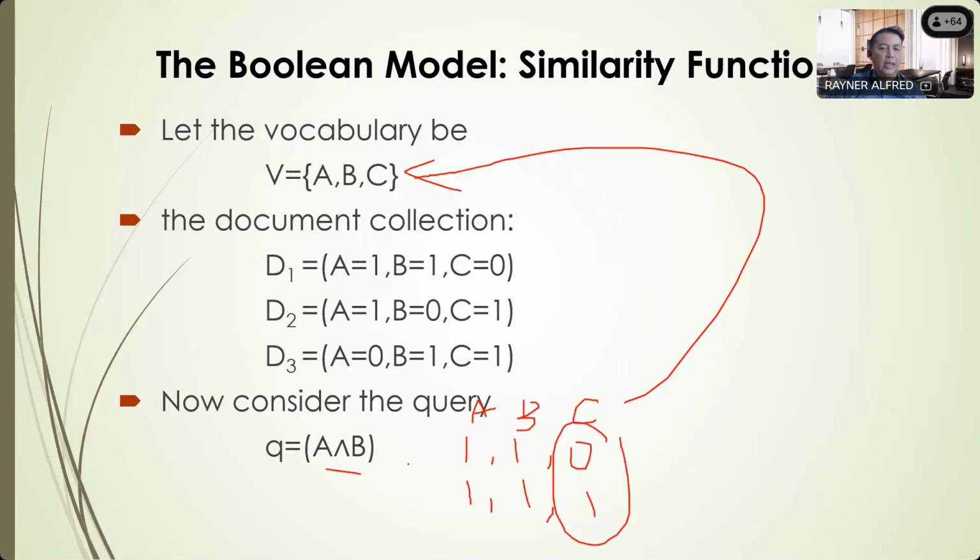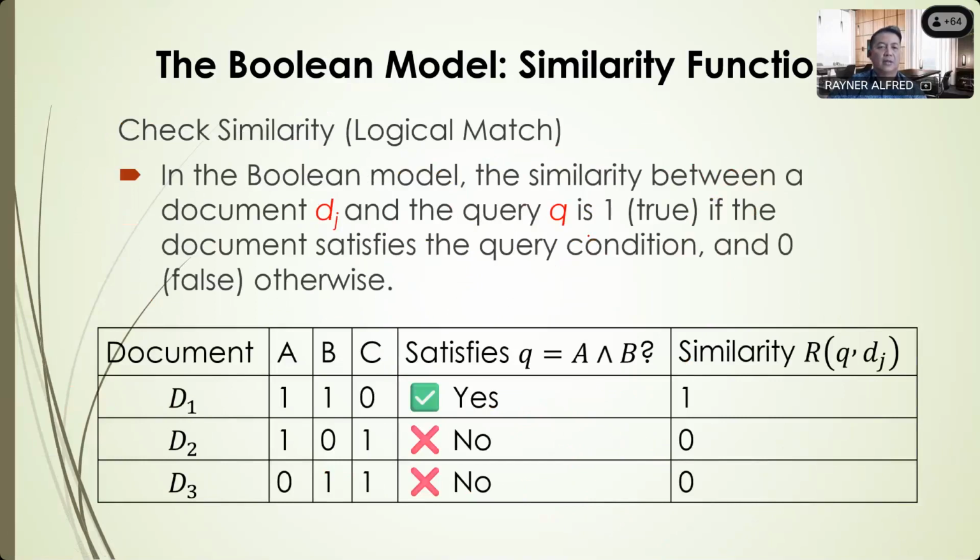Okay, so which one is okay? So for this query, either this pattern or this pattern will be considered as similar. So which is document 1 only. Okay, so this is similar to document 1.